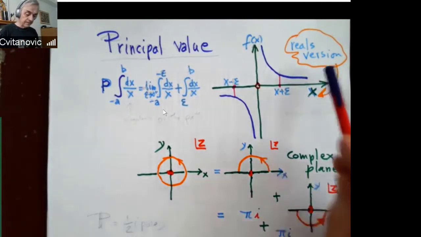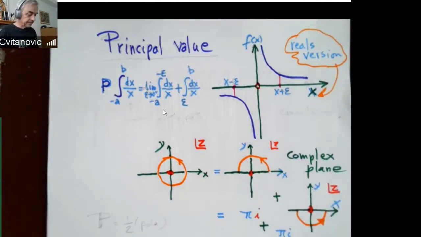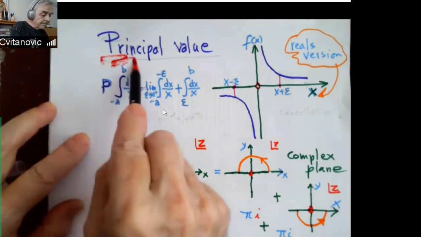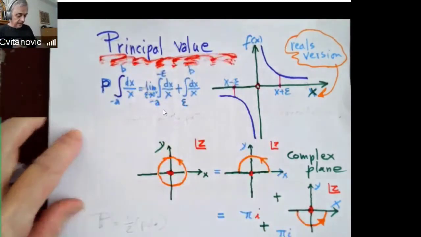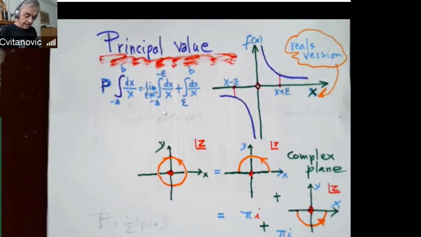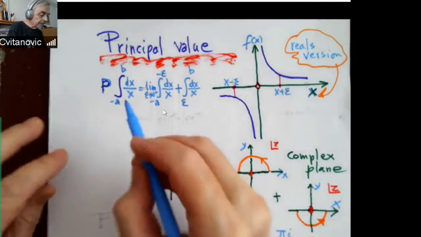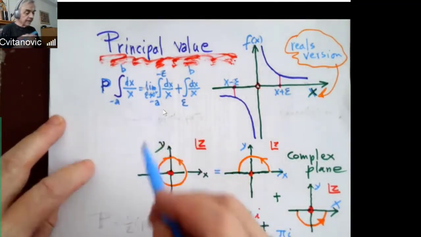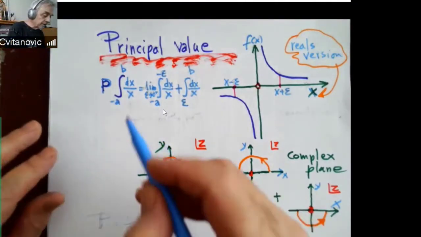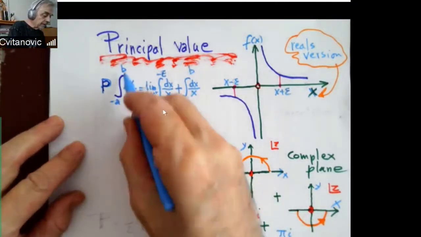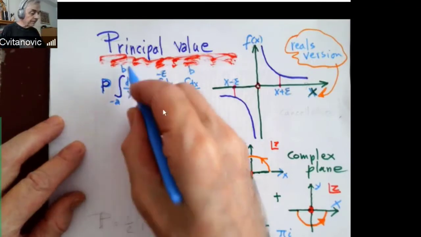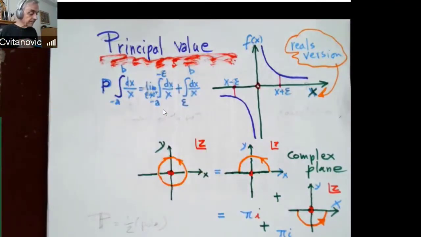In the real plane, it's morally an integral over dx over x if the pole is at origin, make it simple, over some interval from minus a to b, which includes the origin.